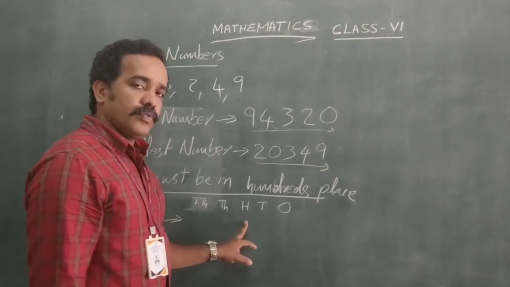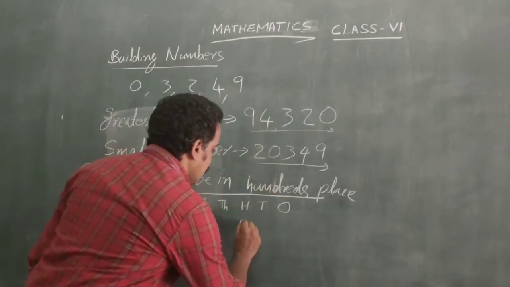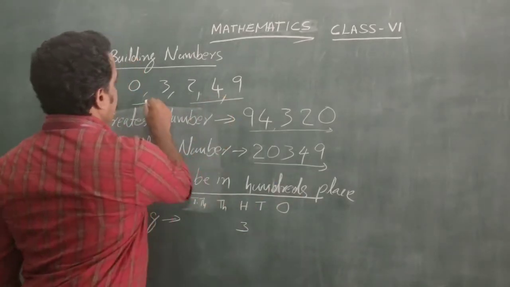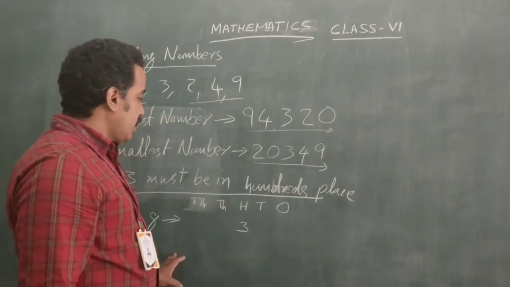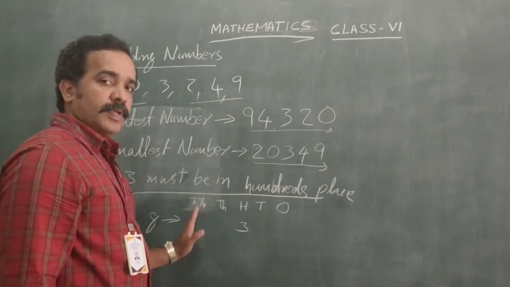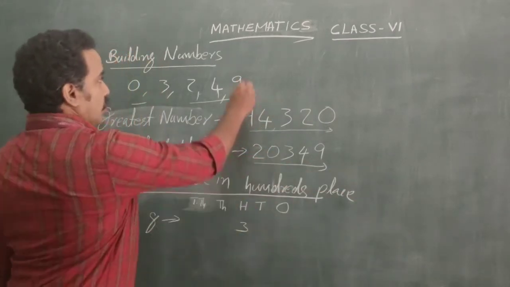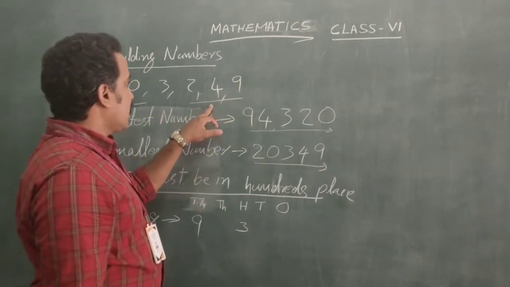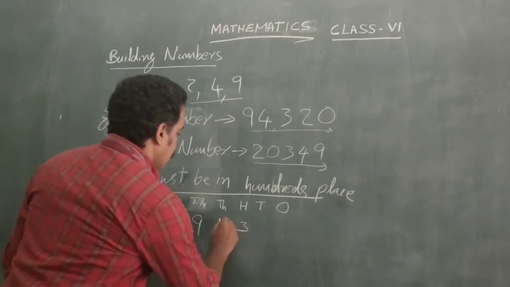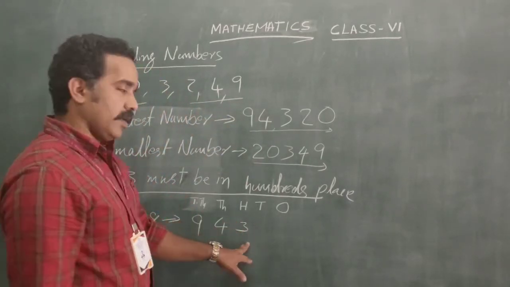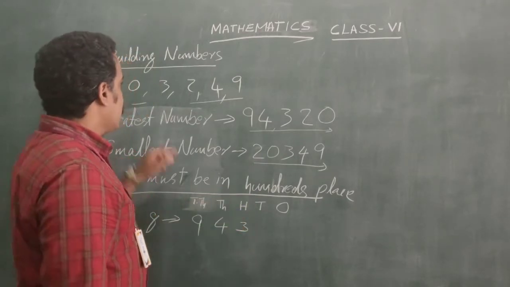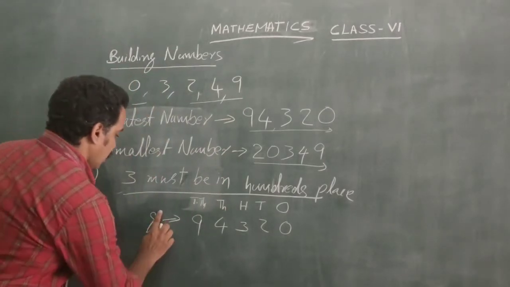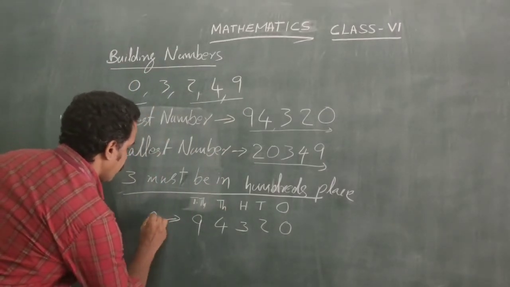So without any doubt, you write 3 directly in the hundreds place and check what the remaining digits are. To make the greatest number, we start from the biggest to smallest. So 9 is the biggest, you can write 9 here, and after that 9, what is the next biggest? 4. Then 3 already occupies the hundreds place, then 2 and 0. And this is the greatest number.